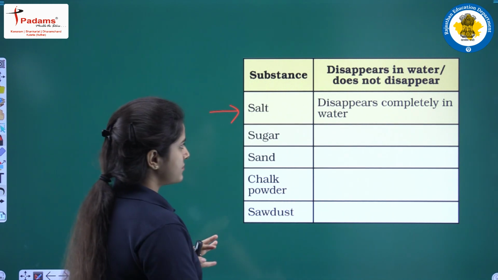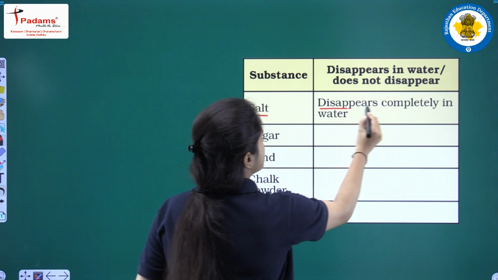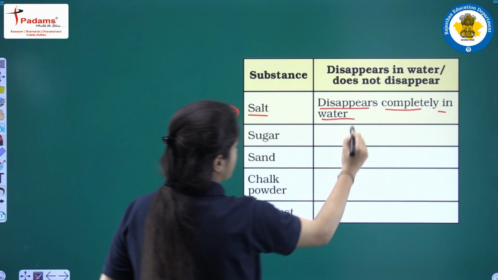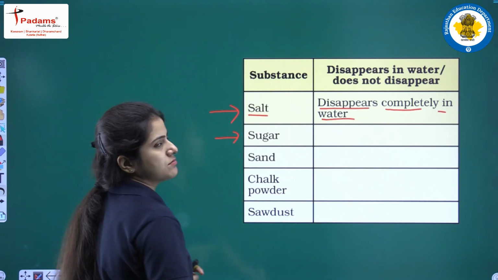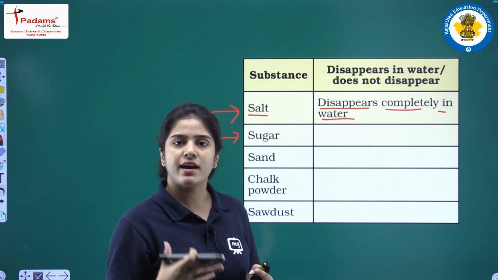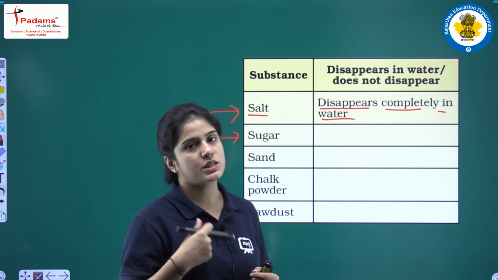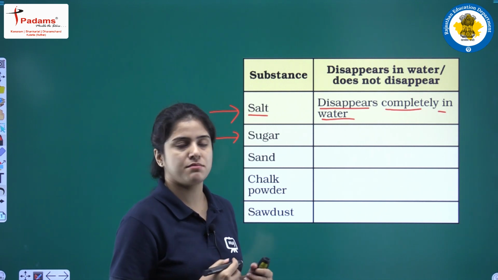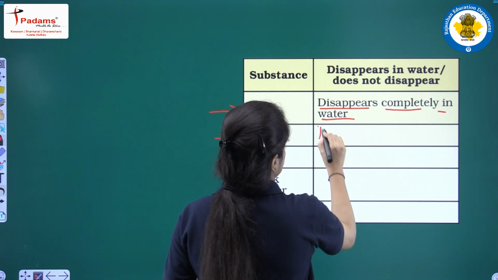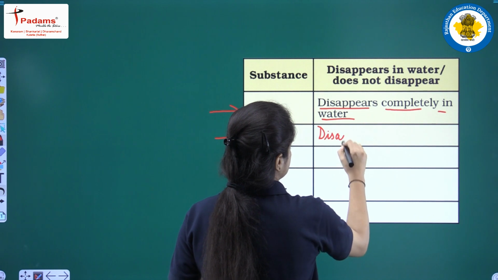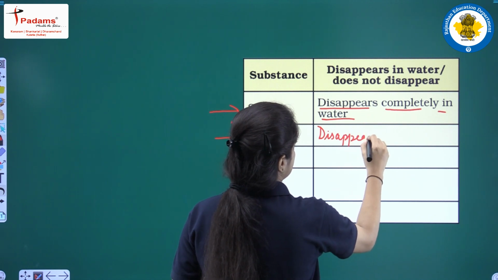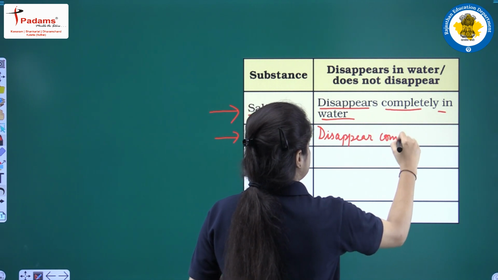Next, sugar. Sugar is also a soluble substance, so it will also disappear in water completely.